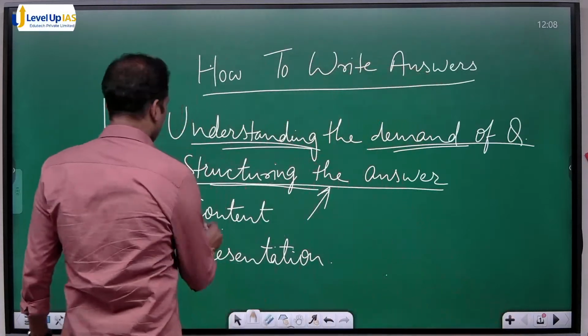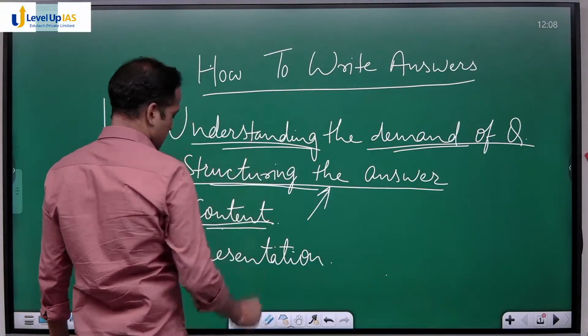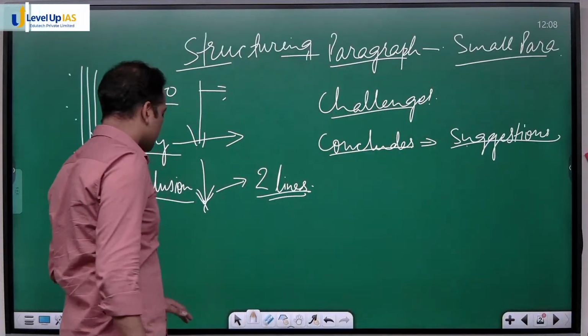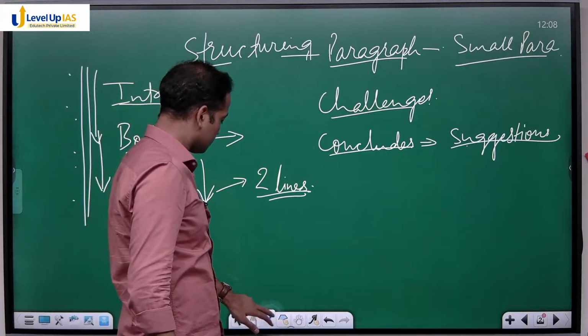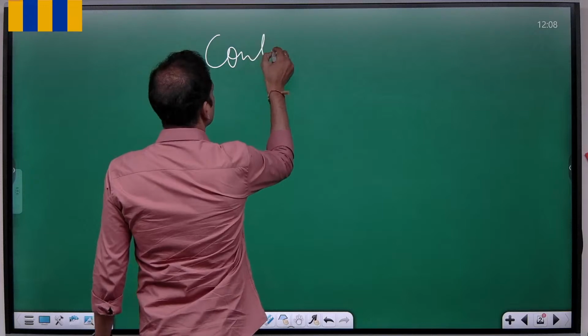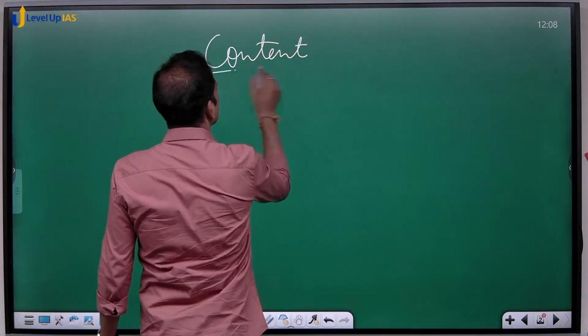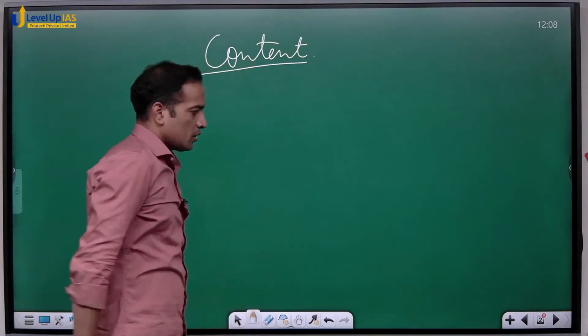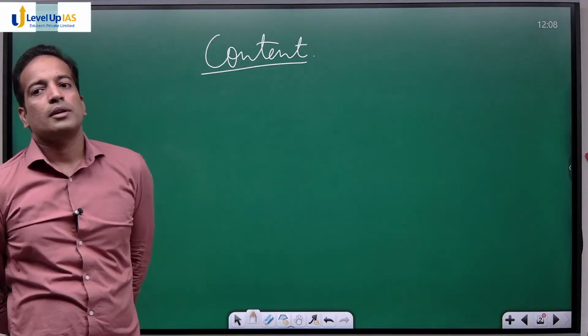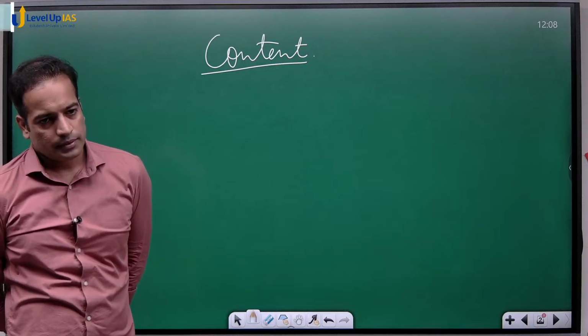Next is content. Something that troubles you people the most. The very first thing is we must remember that our need for content is very much limited.